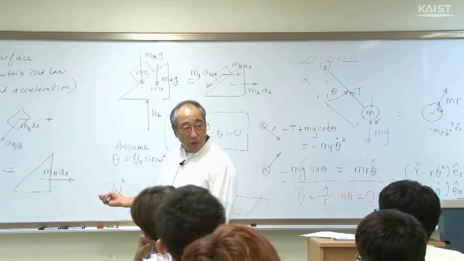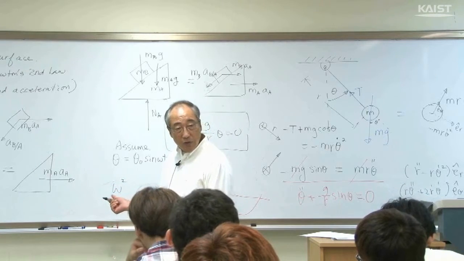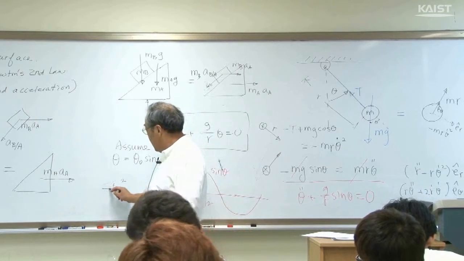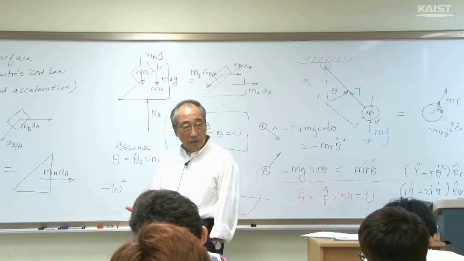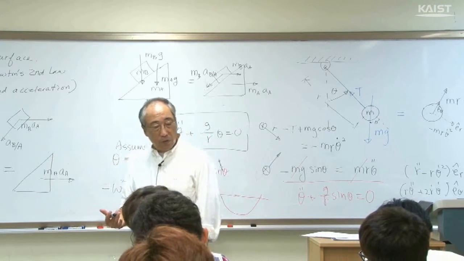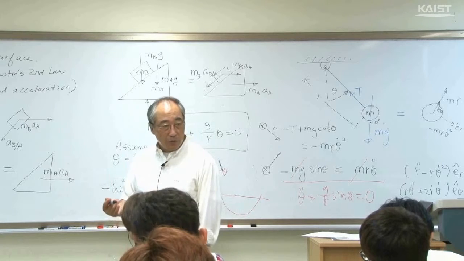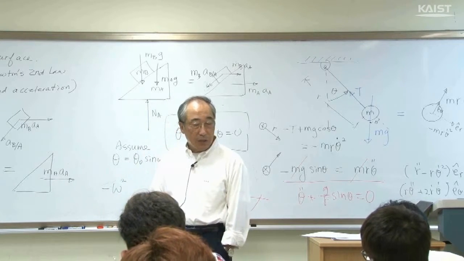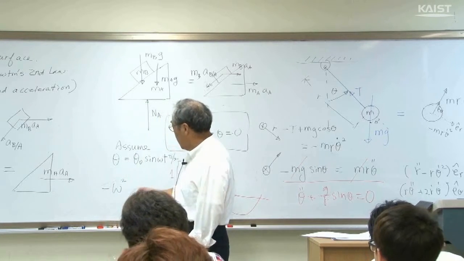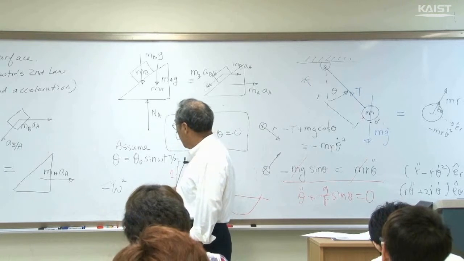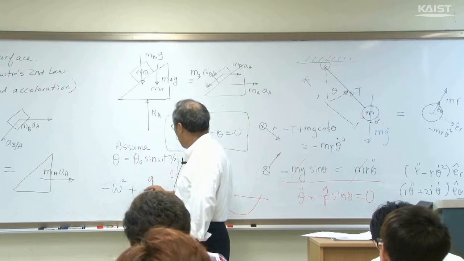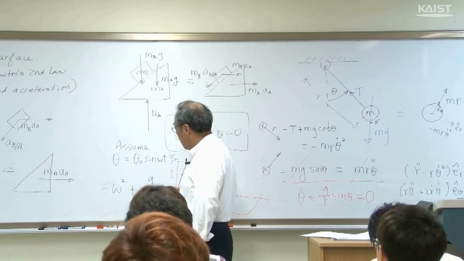If you take a derivative twice of the sine, the derivative of sine would be cosine, and the derivative of cosine is minus sine, so you get minus omega square plus g over r is equal to 0.